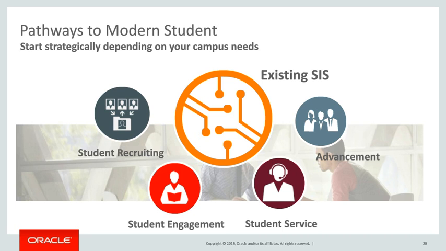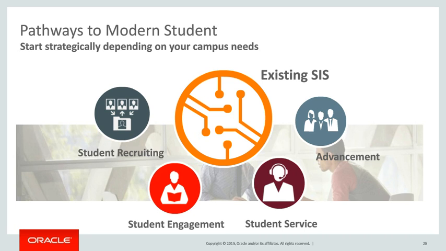So we could start with looking at the student engagement component and how we manage the overall outreach and engagement and social interactions. You could start by thinking about how you recruit students under these new paradigms. You could start by just focusing on student services, and maybe not all your student services, but just one specific area within student services, or we can think about advancement.